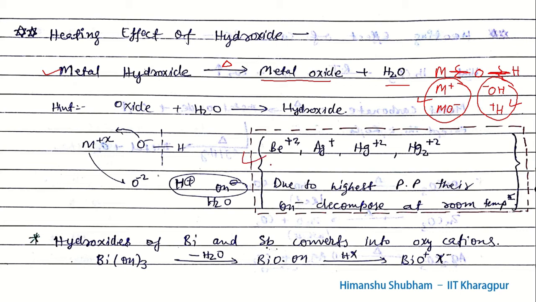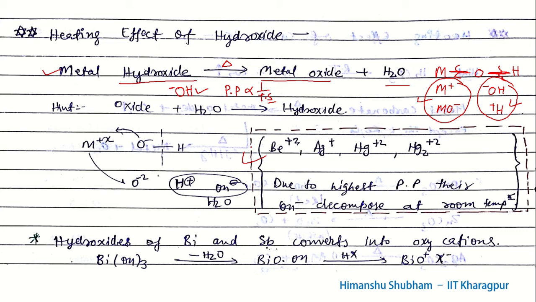Now we have a fact here that these ions, that is Be2+, Ag+, Hg2+, Hg2 2+, have a very high polarizing power, and this we have also learned in the previous videos. Now when we look into hydroxide, we are dealing with a polyatomic anion, and we have learned that in the case of polyatomic anions, the polarizing power and thermal stability are inversely related.